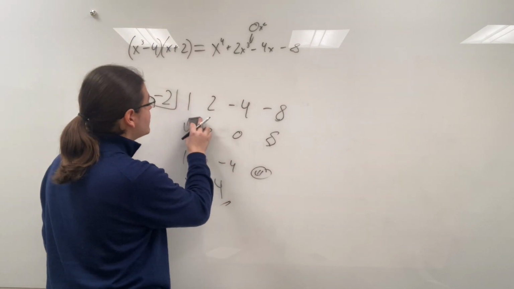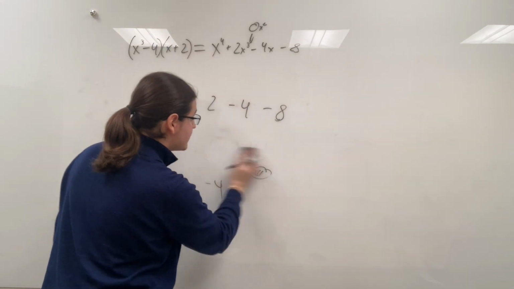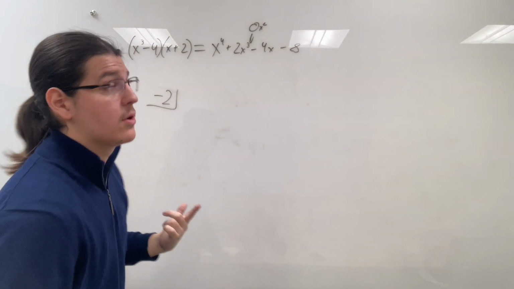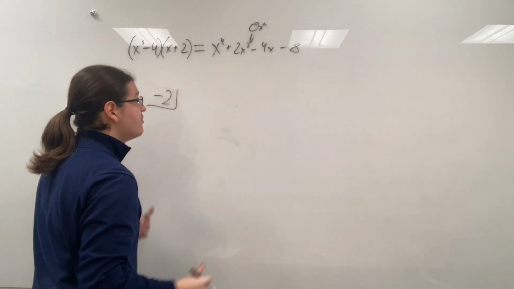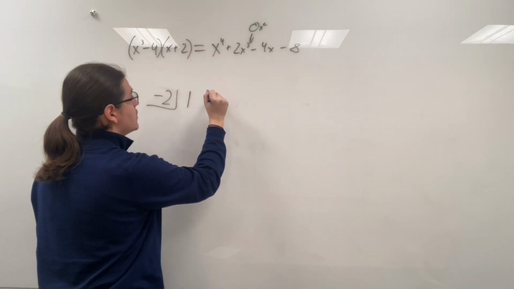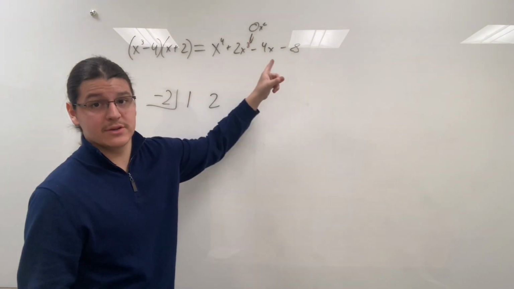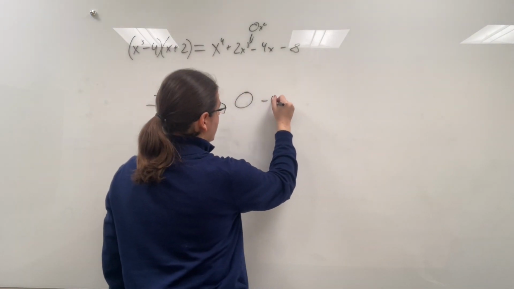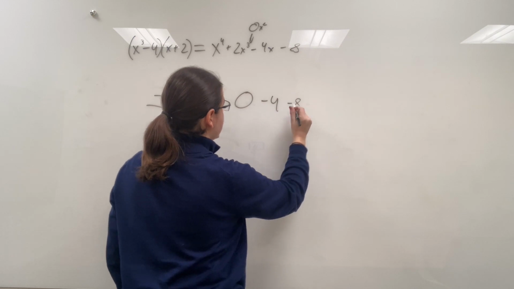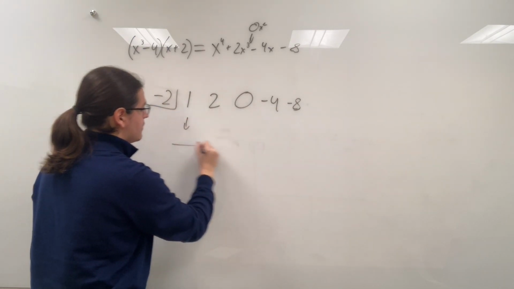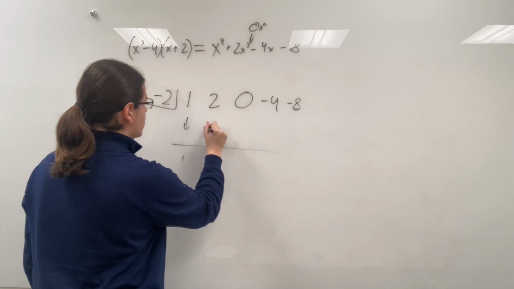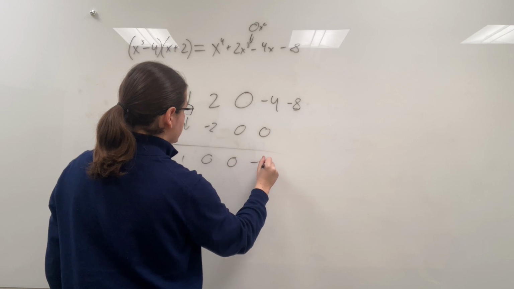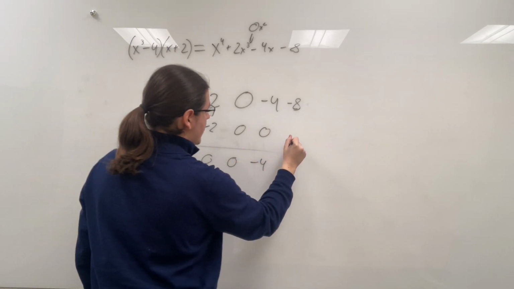So let's rewrite our synthetic division now knowing that we need to include that 0. So our coefficients are 1, 2, and then the 0, minus 4, minus 8. Let's bring it down. We get 1, minus 2, 0, 0, 0, 0, 8.